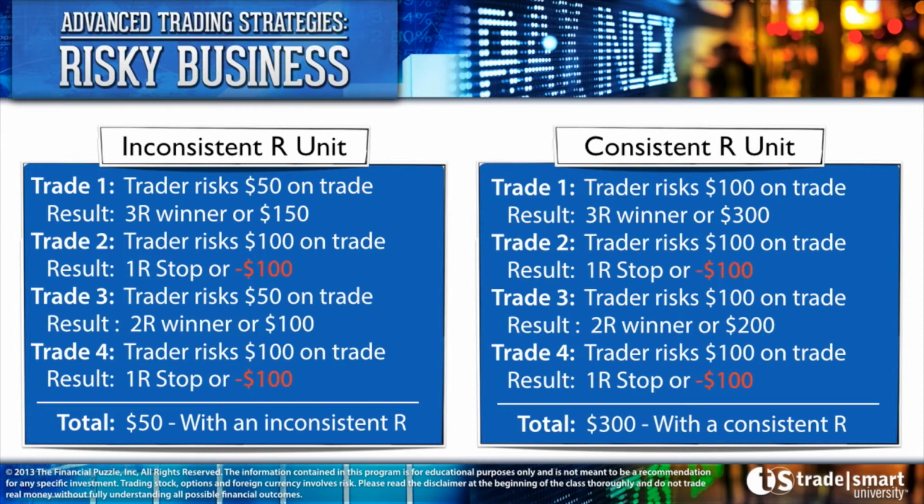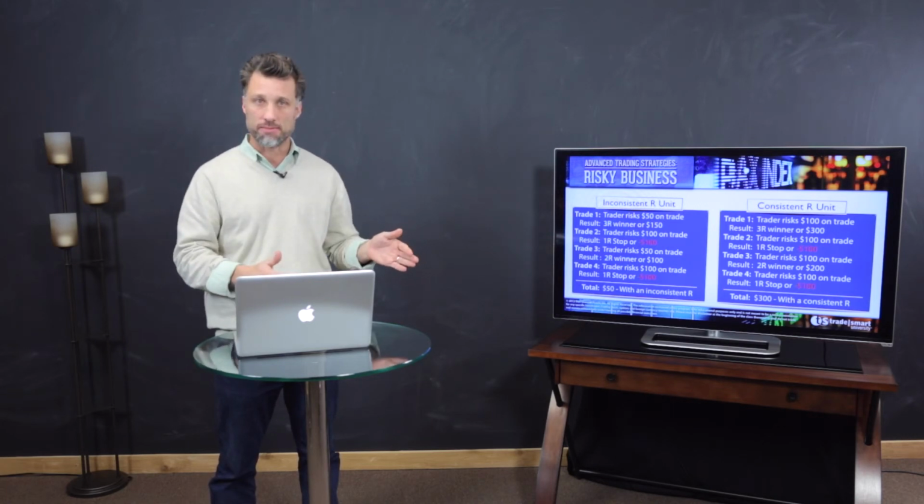Mostly that happens because traders have a propensity to change their R unit based on how their last trade did. You have to think in probabilities and in consistency. The stock market is random, with so many unknown variables, and the way to profit in a random environment is to be consistent and set yourself up from a probability standpoint to win. So be the consistent R trader, not the inconsistent one.